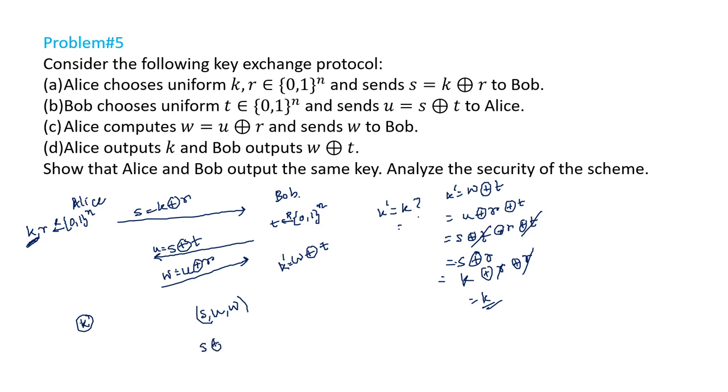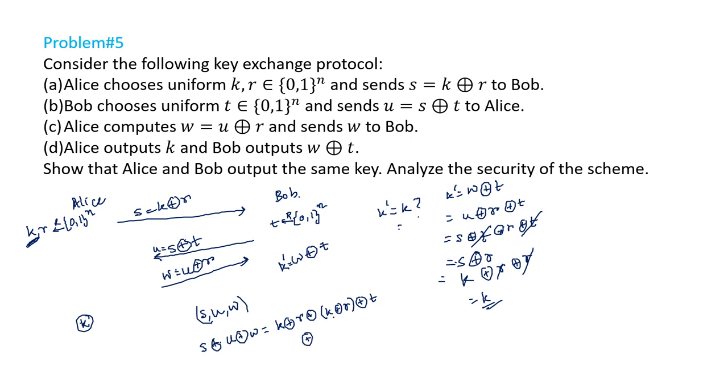So you can just see here that if you perform S XOR U XOR W, S is K XOR R, U is S XOR T, that is K XOR R XOR T. What is W?